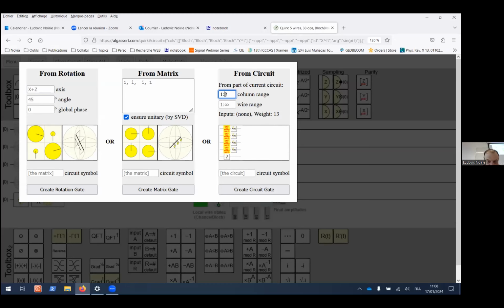Sorry, because this gate is large in the representation, I need to select the 3 first columns, and then I need to select the number 5. So it's 5, 5. So I have the circuit, and here I have my gate.